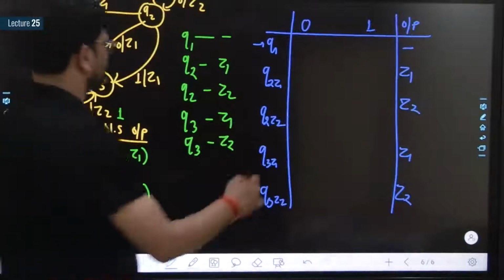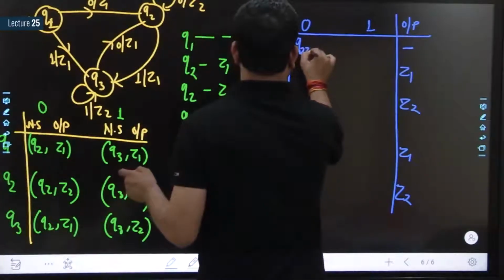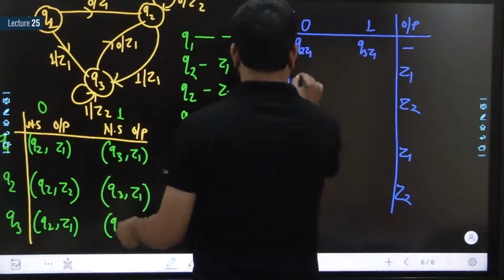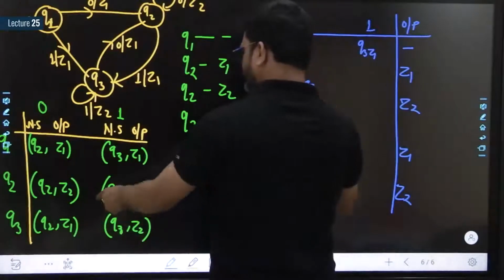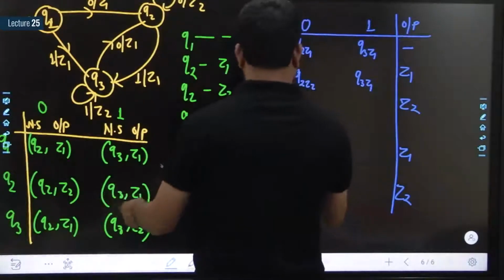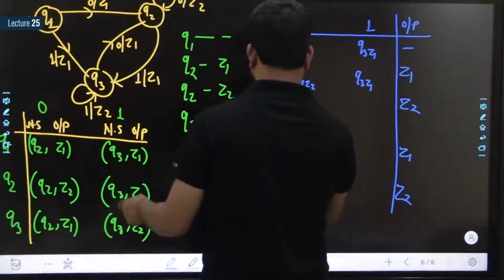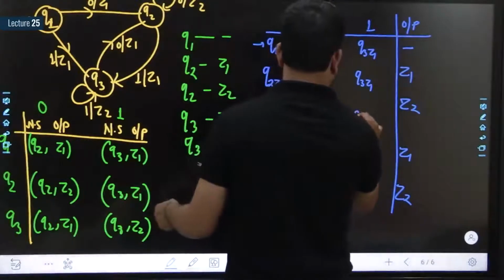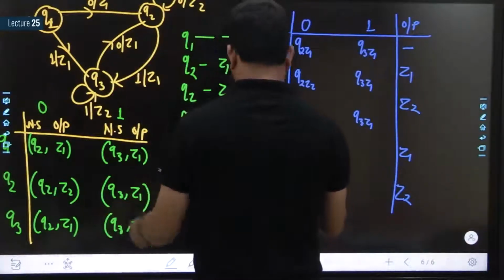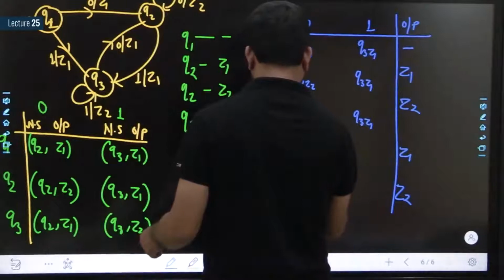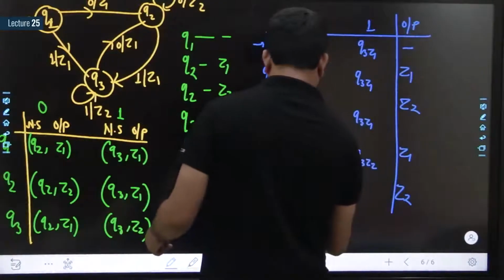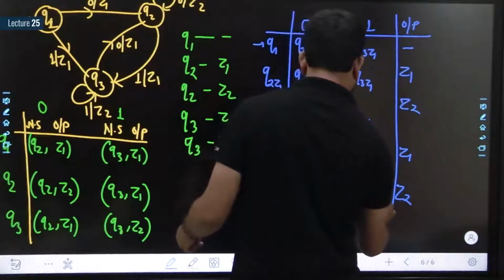What is the transition? Q2 Z1, Q3 Z1, Q2 Z2, Q3 Z1, Q2 Z2, Q3 Z1, Q2 Z1, Q3 Z2, Q2 Z1, Q3 Z2.